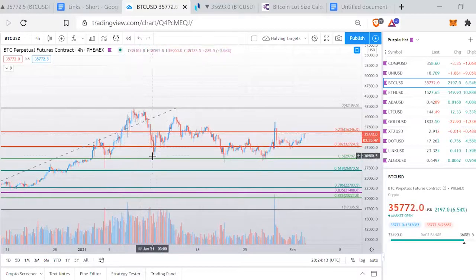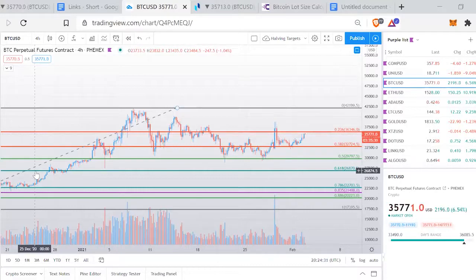Retail investors are always going in and out of the same areas. So you don't want to be on the side of the retail investor. You want to have a strategy that's going to give you an edge that everybody else is not going to have, right?